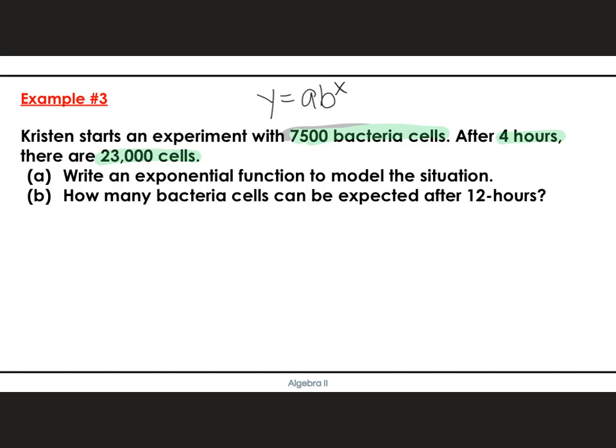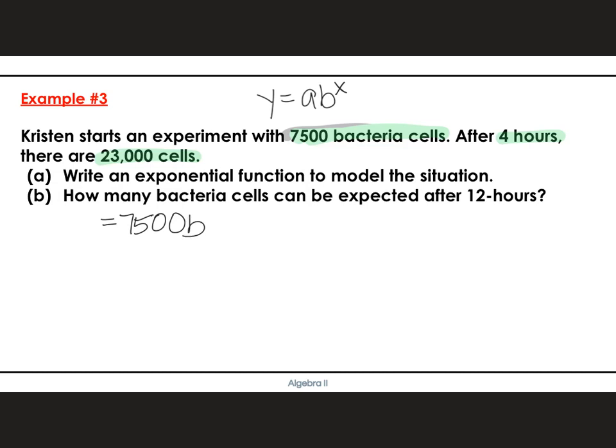Okay, so my equation says y equals ab to the x. My initial value is always going to be my a, so I'm starting with 7,500, so it's going to be equal to 7,500. Then I have b.